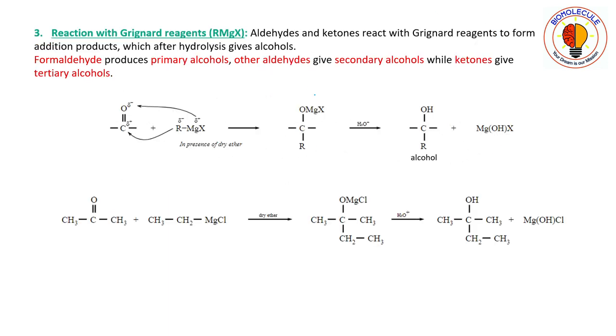Okay, now reaction with Grignard reagent. So you have a glimpse of this reaction in the reactivity of aldehydes and ketones, in which you have seen that ketones react with Grignard reagent to form tertiary alcohol.